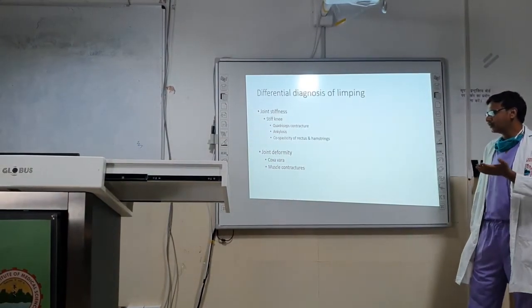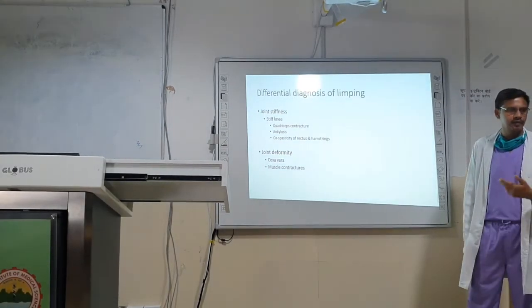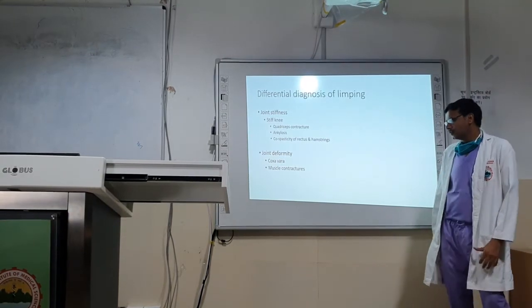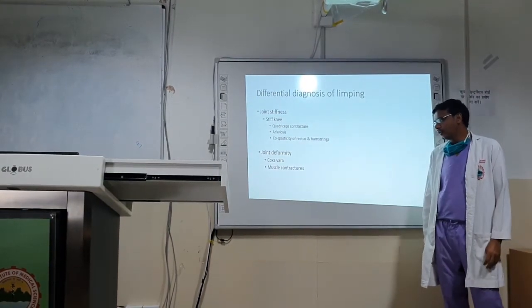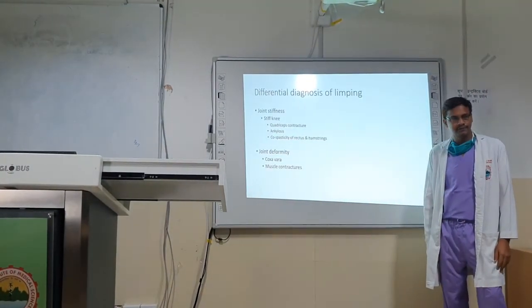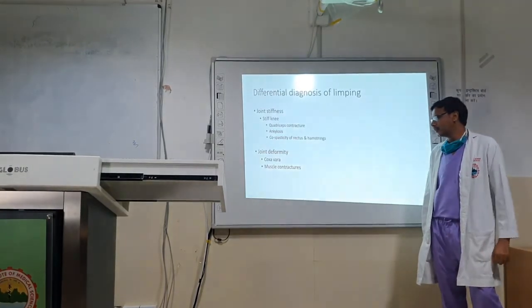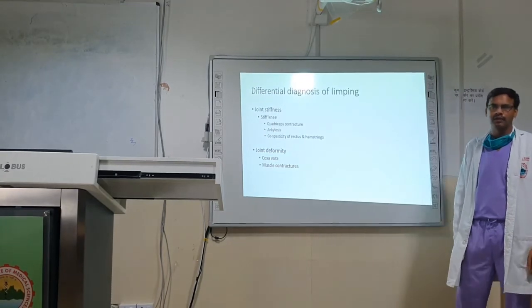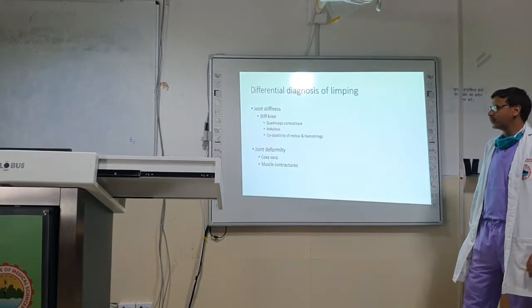It may be in cerebral palsy, co-spasticity of rectus as well as hamstrings. It will lead to stiff knee gait. The next important differential diagnosis is joint deformity. Coxa vara, it may be unilateral, it may be bilateral, or muscle contractures. Okay, again, commonly seen in cerebral palsy. Next.